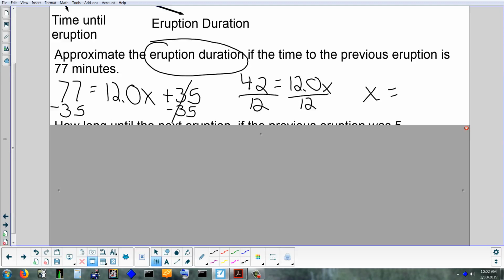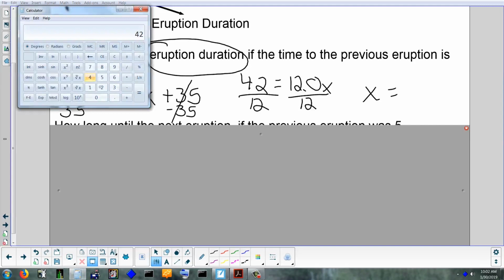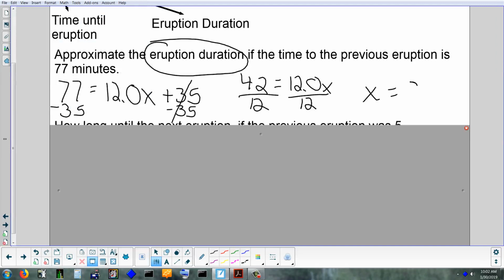No. We'll do 42. 3.5. Alright, so X is 3.5 what? Minutes. We're dealing with time, right? So it's going to be minutes. Yes.